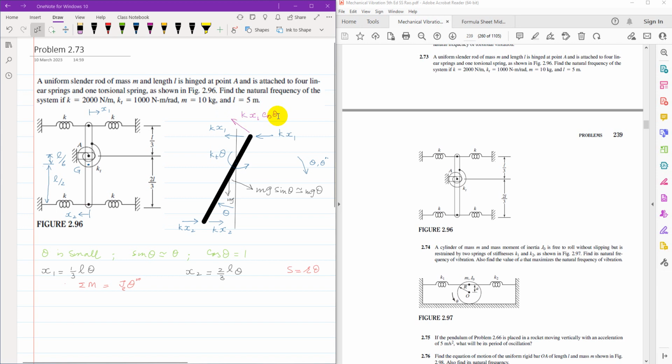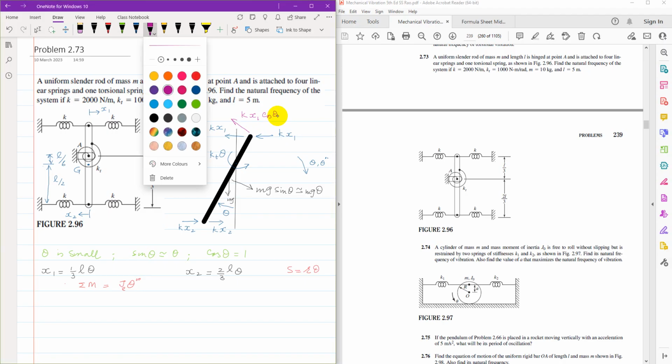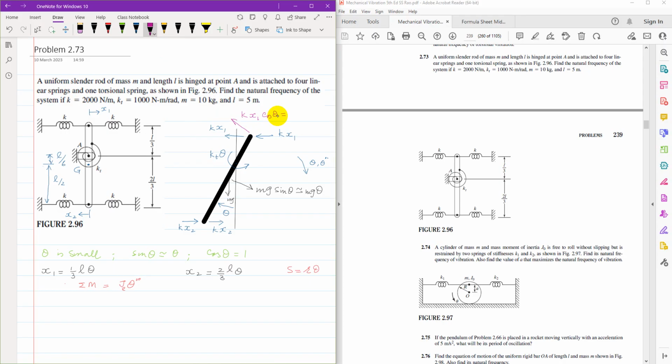And as we assumed that cos theta is nearly equal to 1, the components perpendicular to the rod will be kx1, and similarly for all other forces, their components are kx1 or kx2.